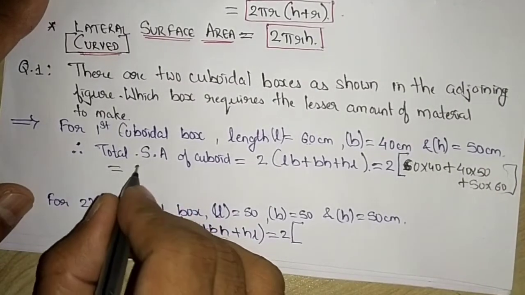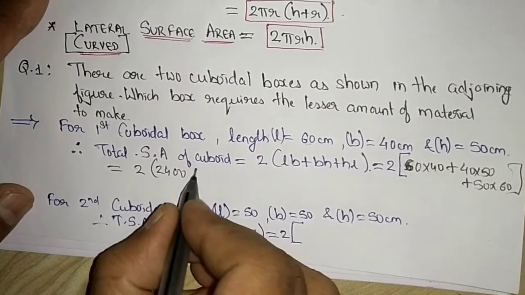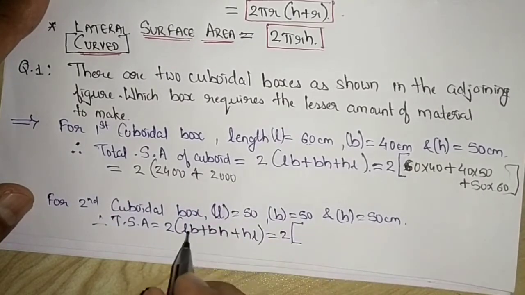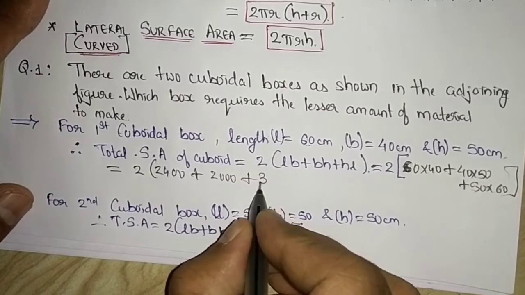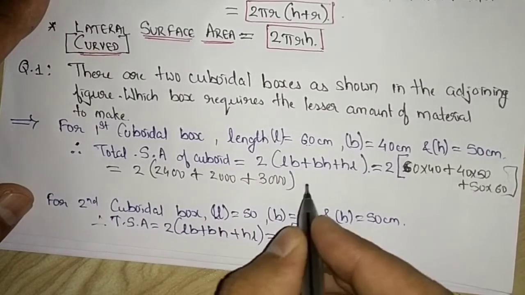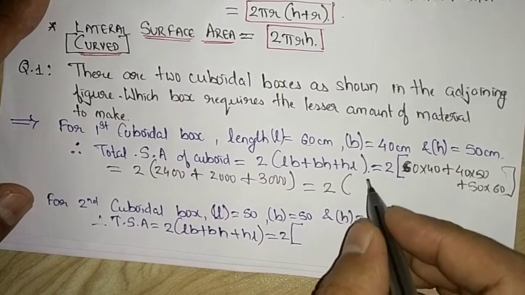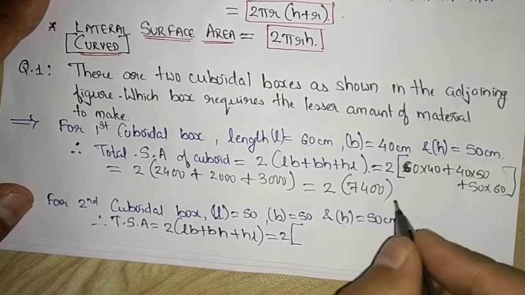If I calculate further, I will get 6 4s are 24, that is 2400, plus 5 4s are 20, that is 2000, plus 5 6s are 30, that is 3000. Now when I add them, I will get 2 into bracket 7400.